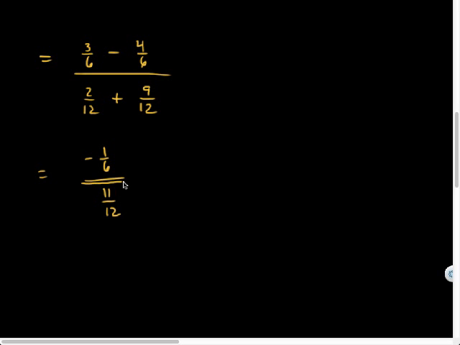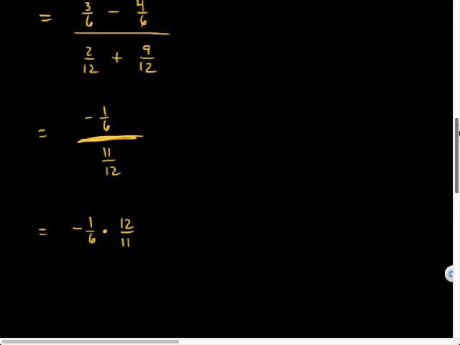This is a mondo fraction with two fractions inside it. That actually fits a stack-o-frac situation, doesn't it? So what do I do with a stack-o-frac? Multiply by the reciprocal.